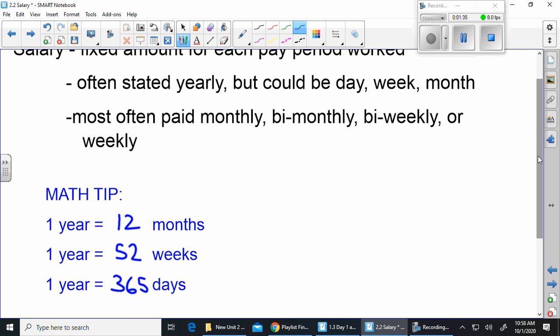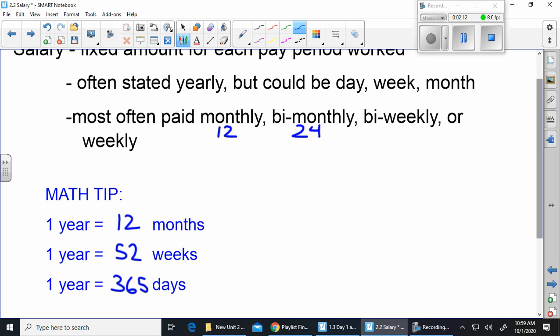If you're paid monthly, you're paid 12 times a year. If you're paid bi-monthly, that would mean twice a month, like maybe they pay you on the 1st and the 16th. Since there's 12 months in a year, bi-monthly, they're going to pay you 24 times. Bi-weekly, there's some months that are more than 30 days, and you think of 365 days in a year.